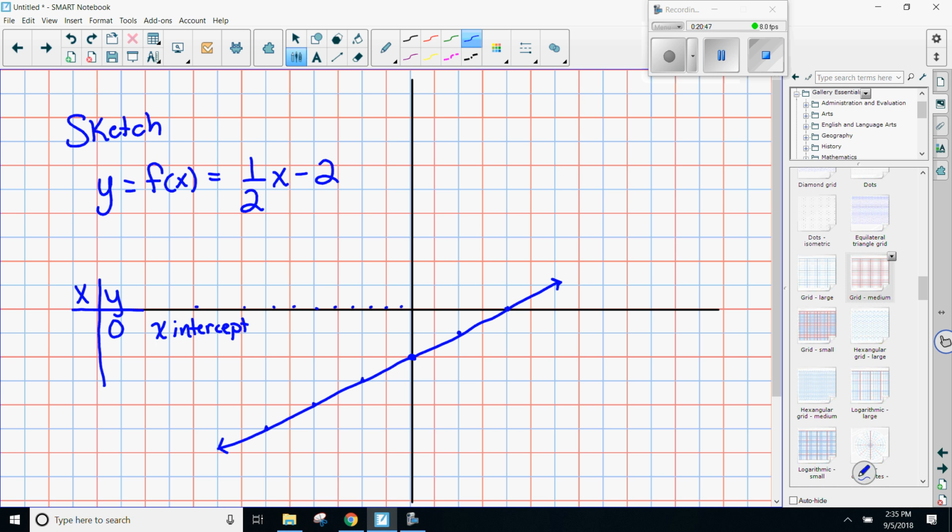When it crosses the y-axis, any point here where it crosses, x is 0. If I want to know what the y-intercept is, y is going to be a number, because that's where it's going to cross at. X has got to be 0. If I want to know the x-intercept, I want to know where it crosses the x-axis. You let the other value be 0. You could put that in the equation. That's why we say that -2 is the y-intercept, because x is 0. So if I cover that up, the only value you're left with is -2.